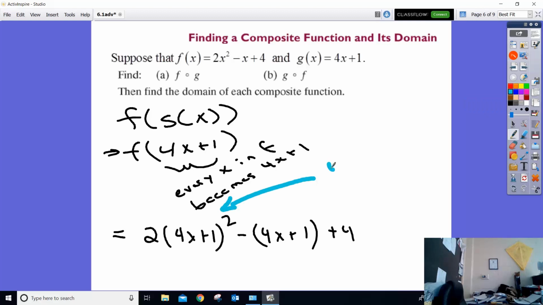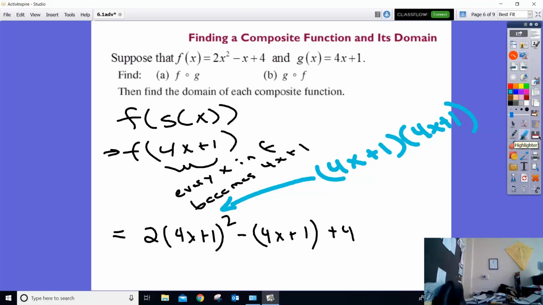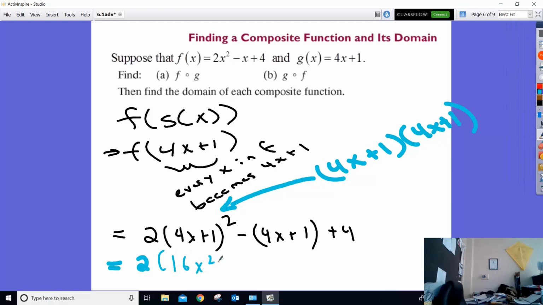You're going to write 4x plus 1 times 4x plus 1. What do you get when you multiply 4x plus 1 by itself? Go ahead, Ellen.